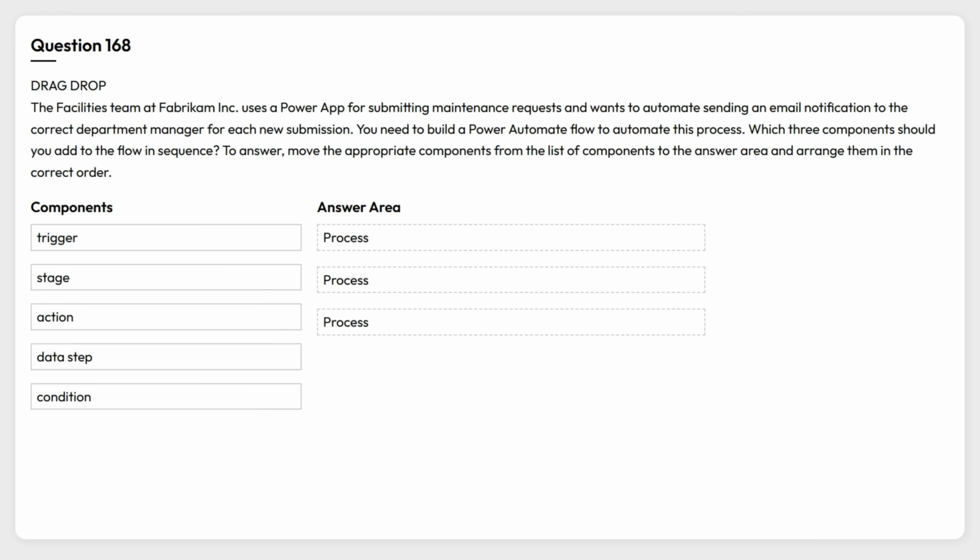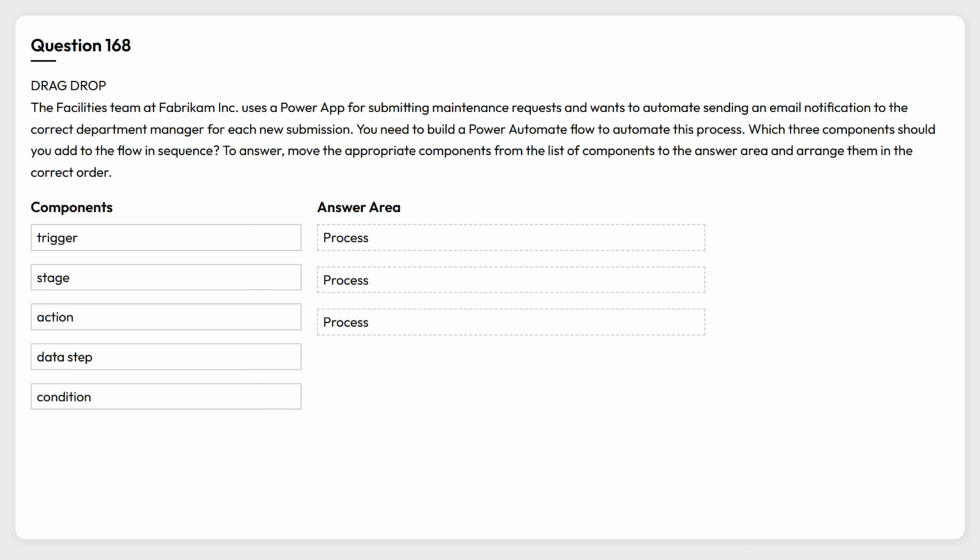Question number 168. The facilities team at Fabricam Inc. uses a Power App for submitting maintenance requests and wants to automate sending an email notification to the correct department manager for each new submission. You need to build a Power Automate flow to automate this process.